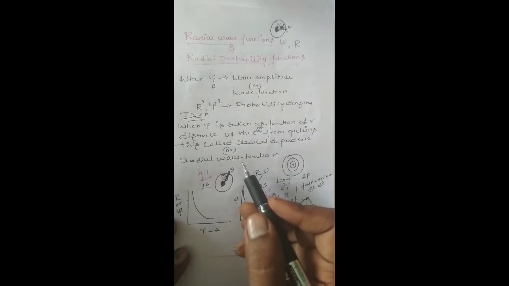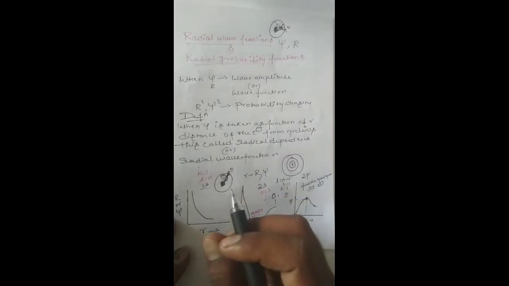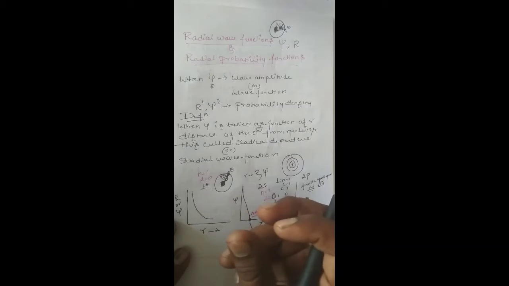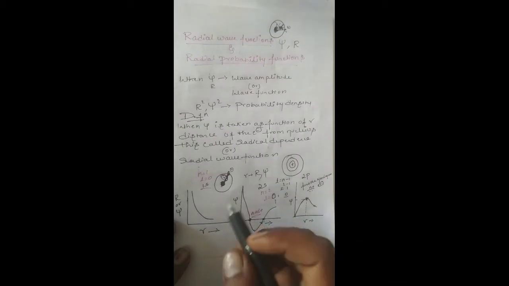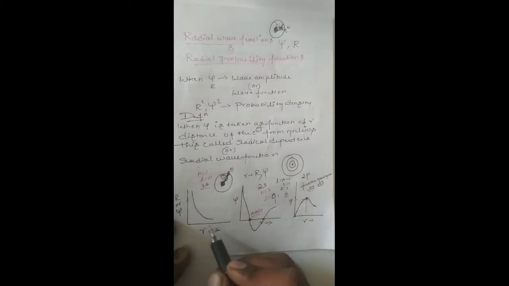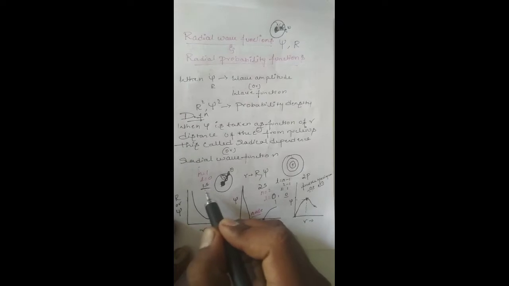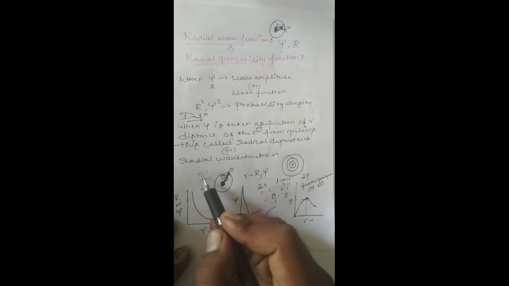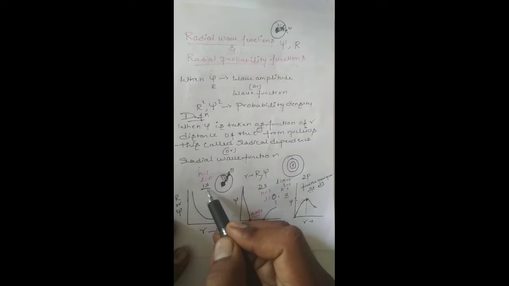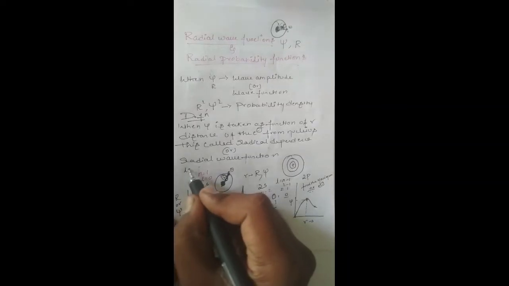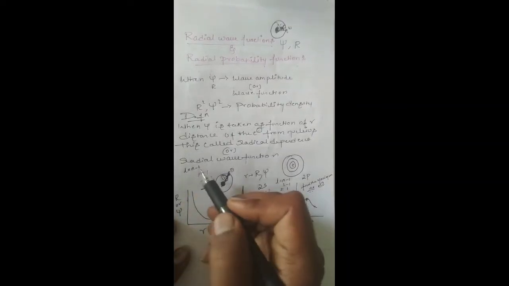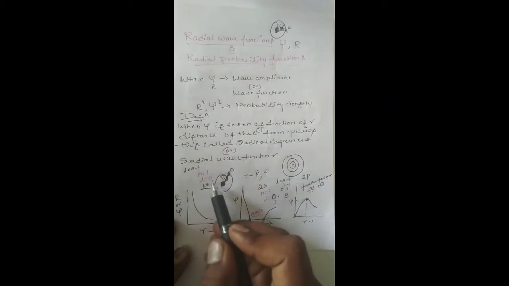Now we are going to write the graph, the plot between psi and R. This is for the 1s orbital. In the 1s orbital, the principal quantum number is 1. The azimuthal quantum number formula is L equals n minus 1, so you will get L equals 0.